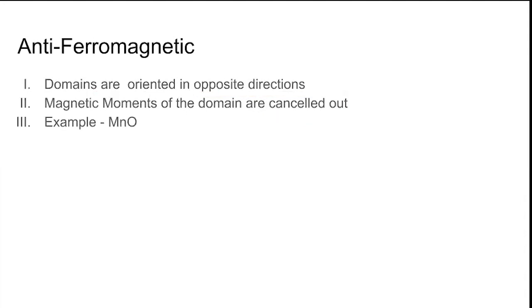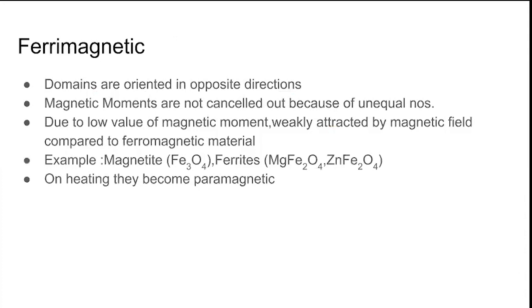There is something called ferrimagnetic also. Here also the domains are oriented in opposite directions, but since the numbers are different, they don't cancel out. In anti-ferromagnetic, the numbers are equal.